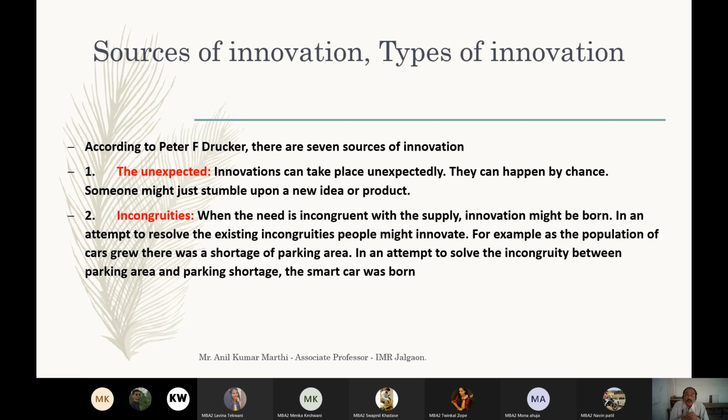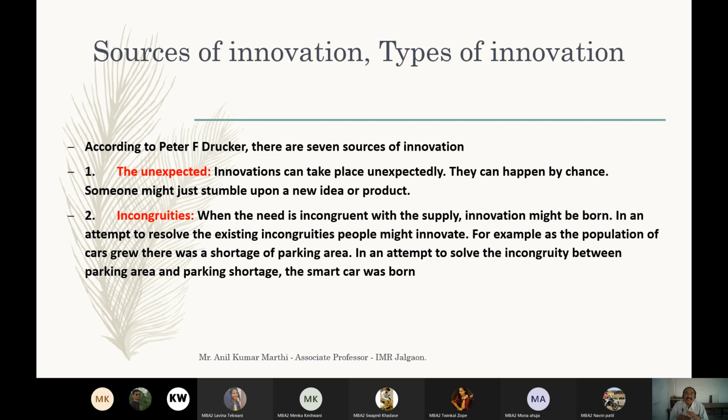So what is incongruities? When the need is incongruent with the supply, innovation might be born. Incongruent matlab which is not compatible, which is no longer relevant. Right?